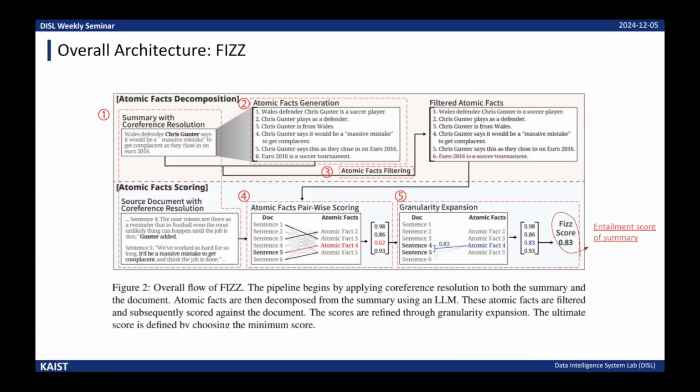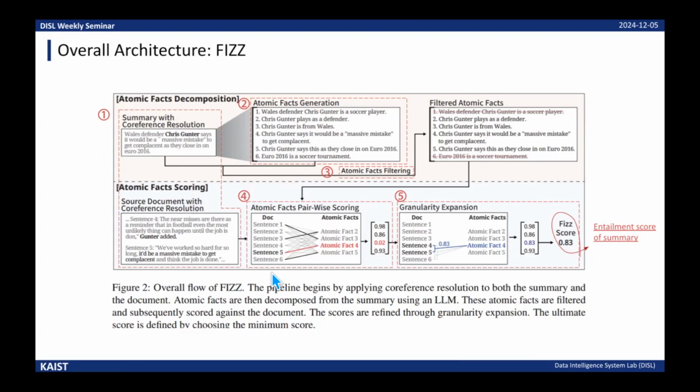Now let's move on to the methodology. Here is the overall architecture of FIZZ. FIZZ consists of 5 stages. First, they convert pronouns in both the summary and the original document into explicit entities. Second, they break down the summary into atomic facts. Third, they perform filtering since the decomposed atomic facts might contain factual information different from the summary.